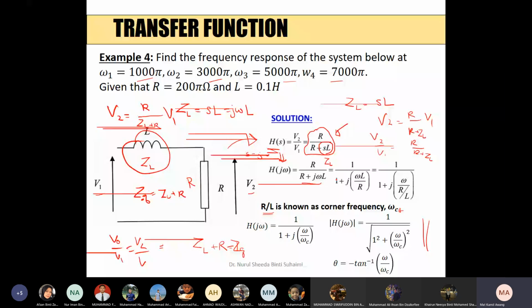So for this, 1 over 1 plus J 5000 pi over 2000 pi, so 1 over 1 plus J 5 over 2.